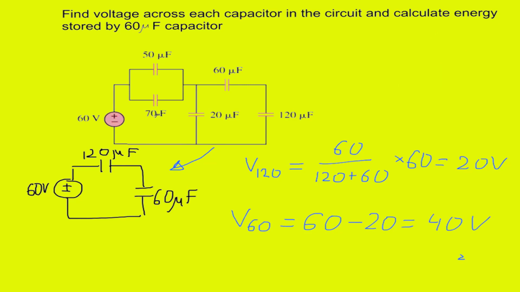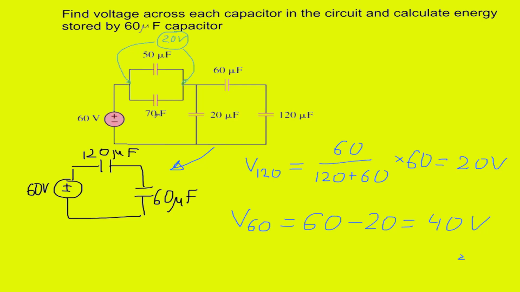Now let's check what we actually found. The voltage across the 120 capacitor is the voltage across the first group, so this group, and this 20 volts is the voltage across these 2 points. So pretty much if you put the voltage source, that will be 20 across the group.